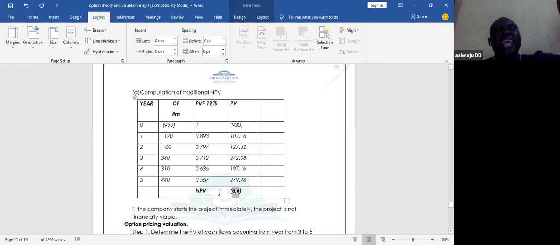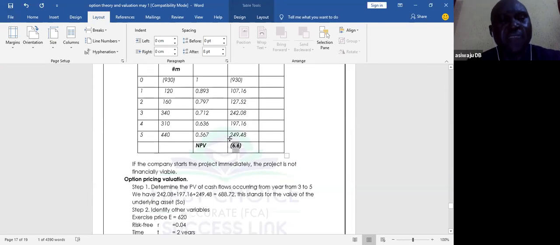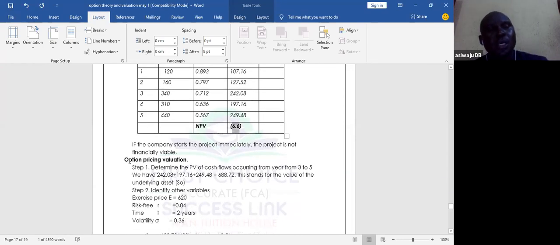Meaning, if you take this project from year zero to completion, it is not financially viable. Ordinarily, Swiss Company Limited should not invest in this project at all. Now let's look at option pricing valuation applied to capital investment appraisal.